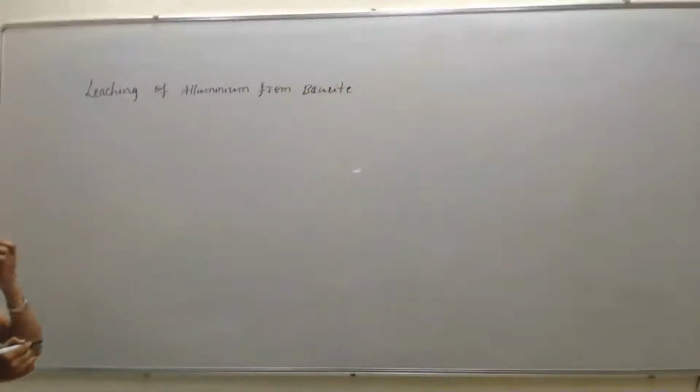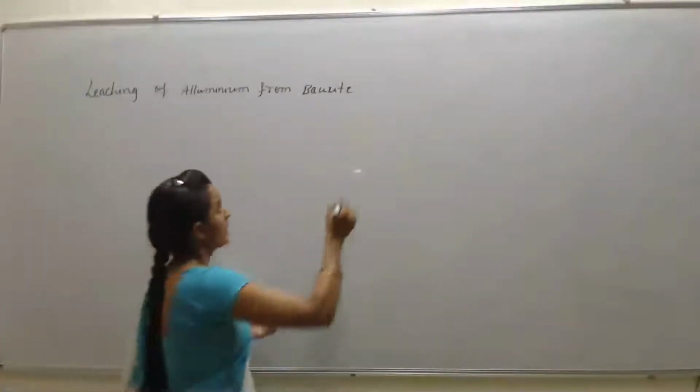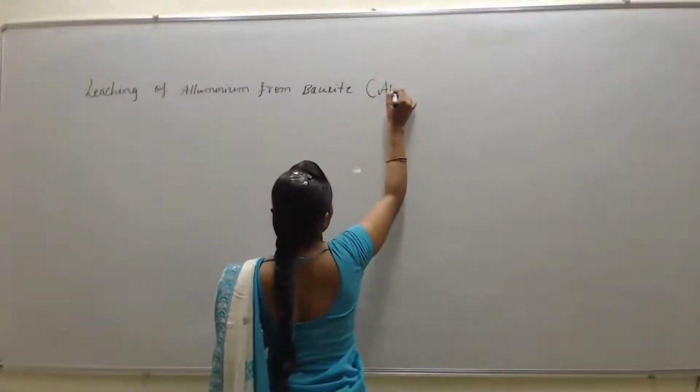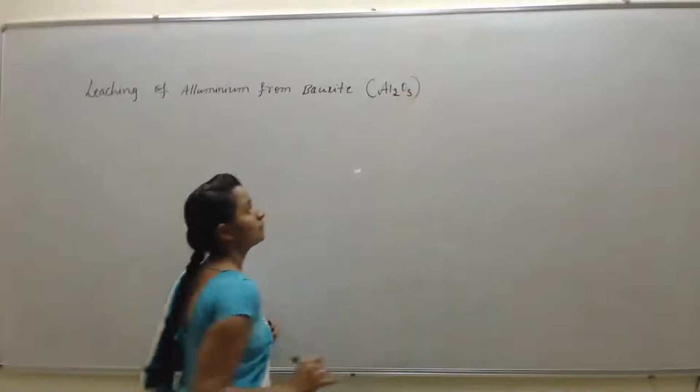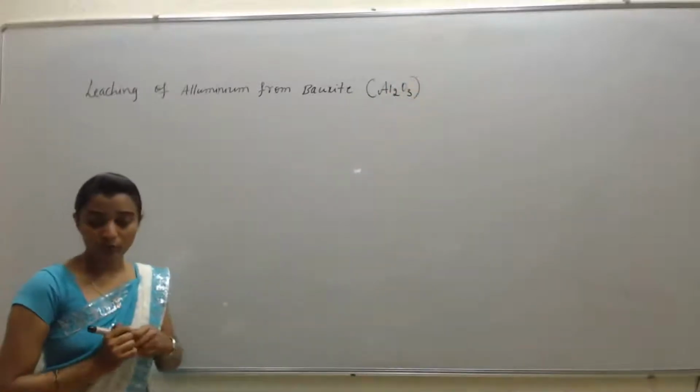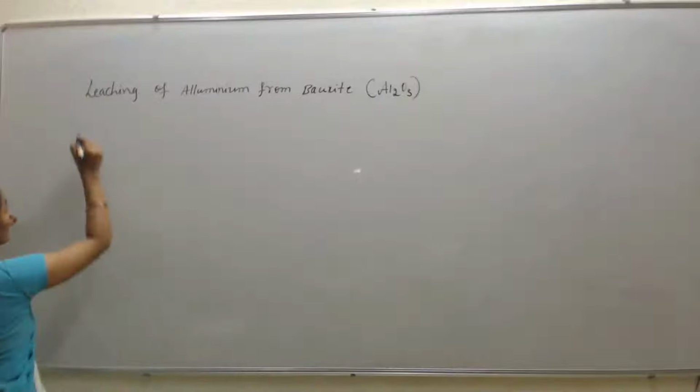Leaching of aluminium from bauxite, that is Al2O3. Okay, so this process has 3 steps.